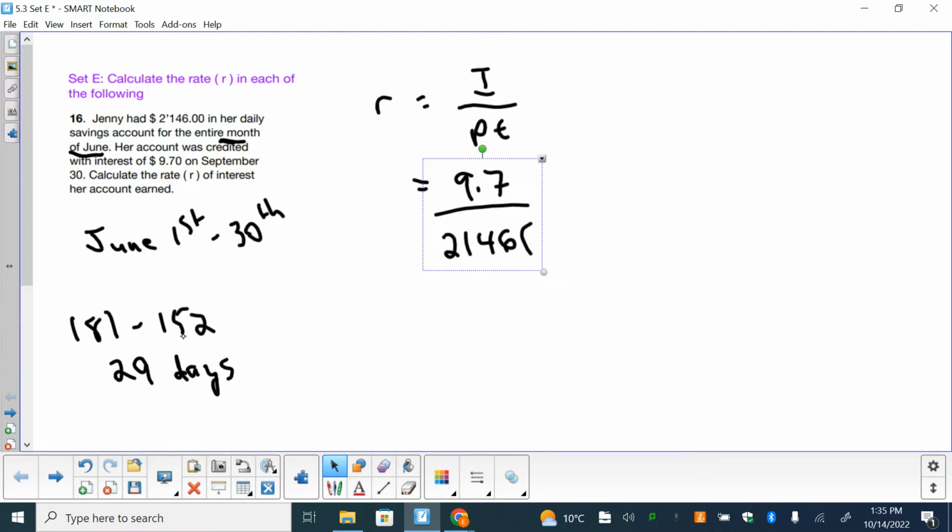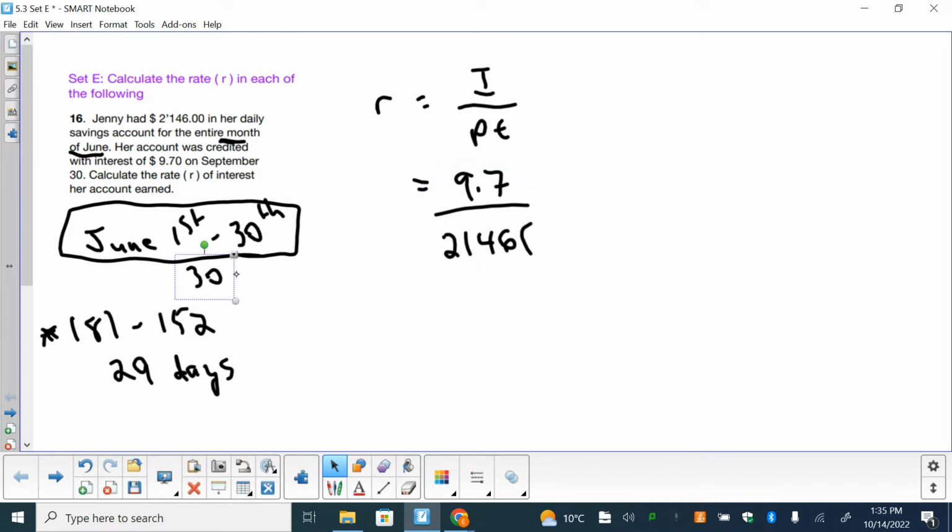But this is where this might throw you off. So just be careful, because if you look at this, it makes more sense, because if you're looking from the 1st to the 30th, well, the month of June doesn't have 29 days. It has 30 days. So we're really looking at 30 days of interest being applied.